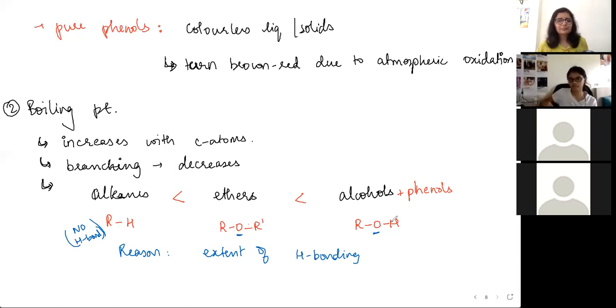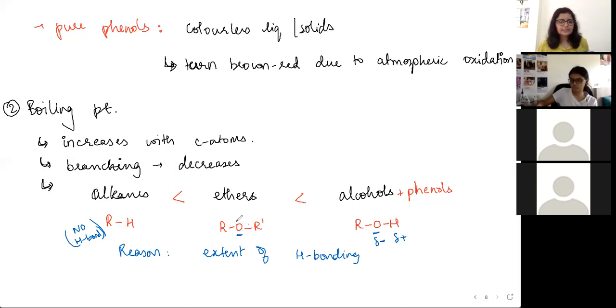So the thing is, for a hydrogen directly attached to an oxygen atom, there will be a greater charge separation. The difference between the electronegativity of hydrogen and oxygen is a lot more than carbon and hydrogen. So there is a greater extent of charge separation, which is why the hydrogen bonding is stronger in alcohols and phenols, where hydrogen is directly attached to oxygen.